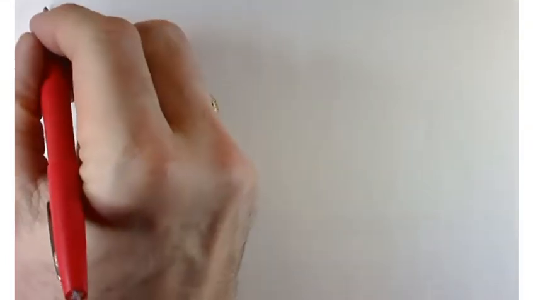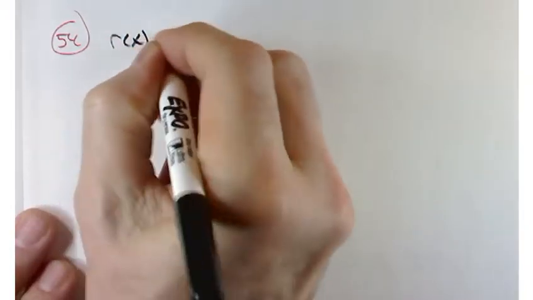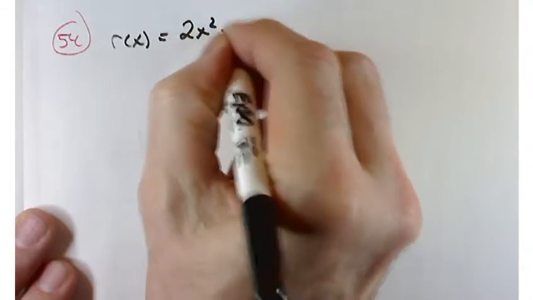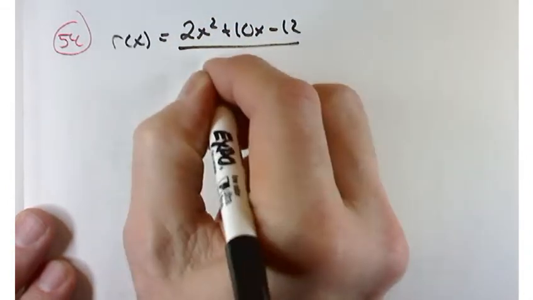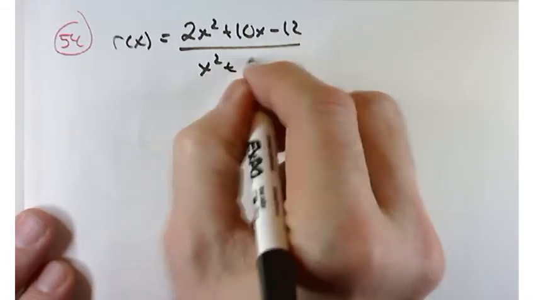Let's try problem number 54. R of x is 2x squared plus 10x minus 12 over x squared plus x minus 6.